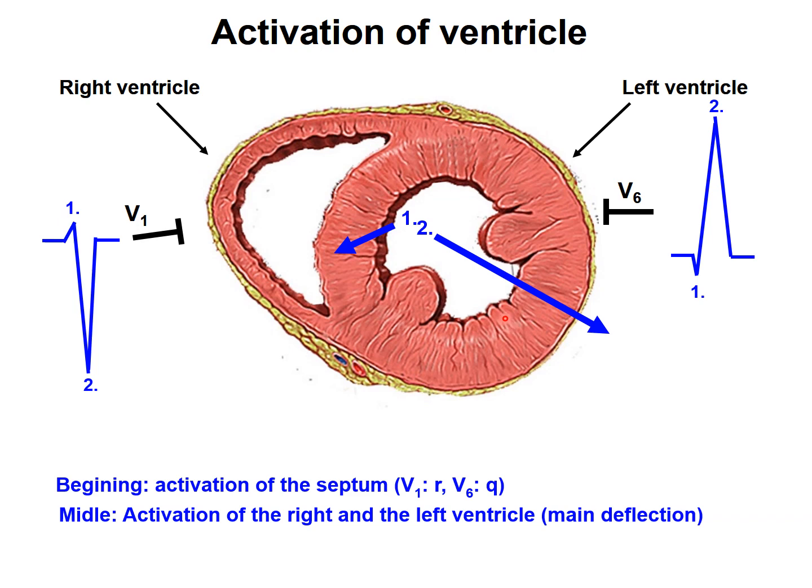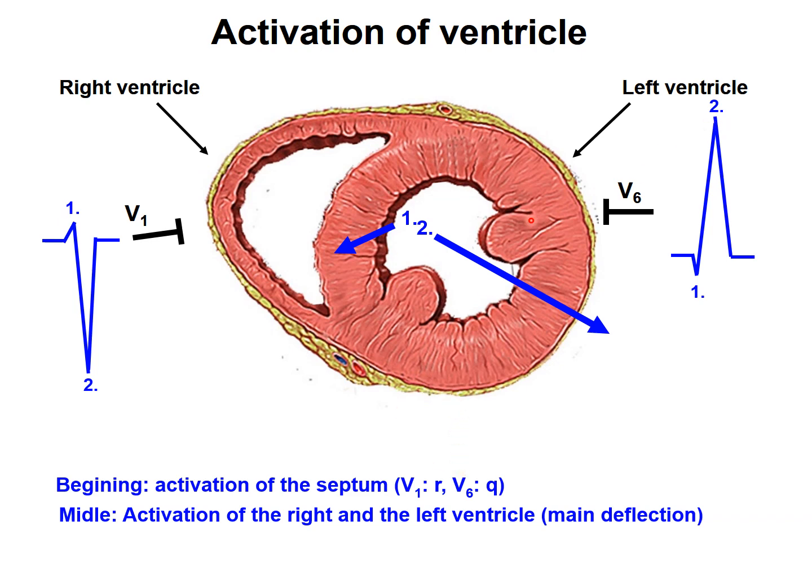Next, we do have an activation of the right and the left ventricle. However, because the left ventricle is at least 2.5 times thicker than the right one, with electric activity about 10 times higher than the right ventricle, it is mainly going to dominate the picture, so the vector is pointing to the left. This is represented in V1 as a deep S wave, while in V6 a tall R wave.